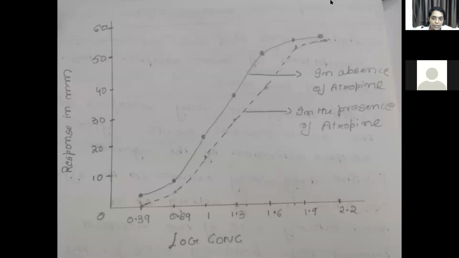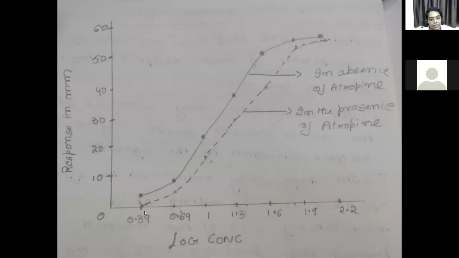See, this first curve is in the absence of atropine. Then this dotted line is the log dose response curve in the presence of atropine. For the first log value you've seen a 3 mm response, then the next response, then the next response. So you plot the responses like this and join the dots.